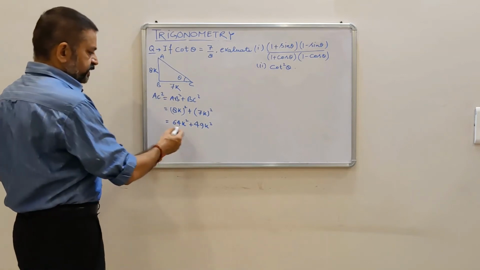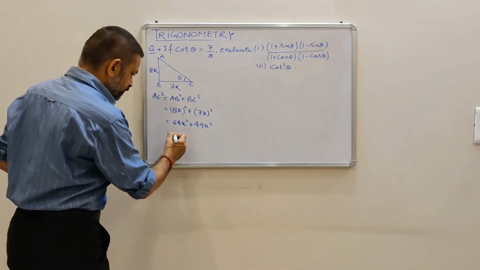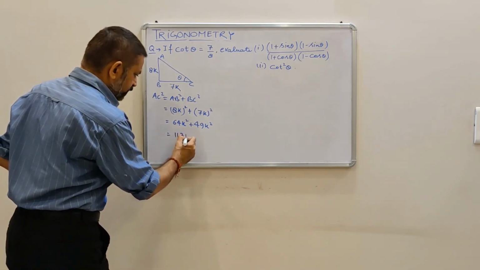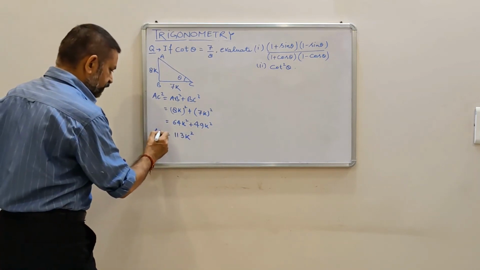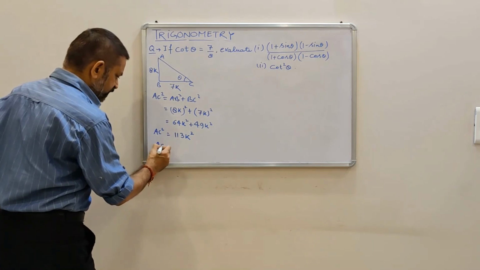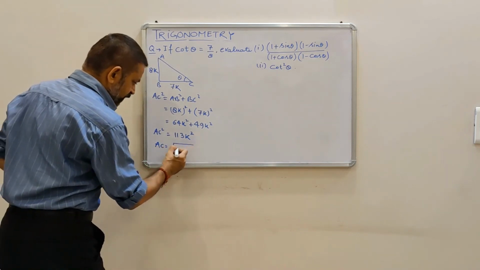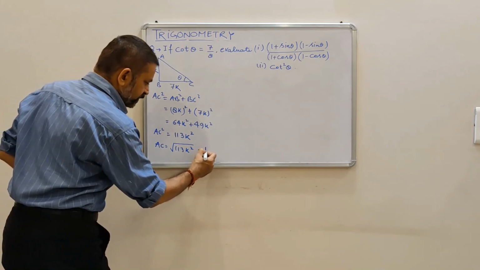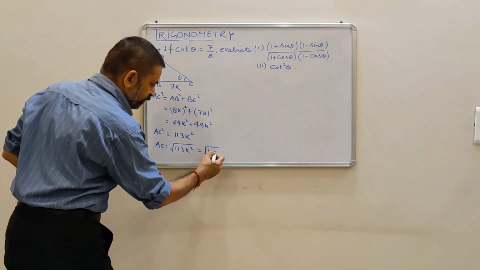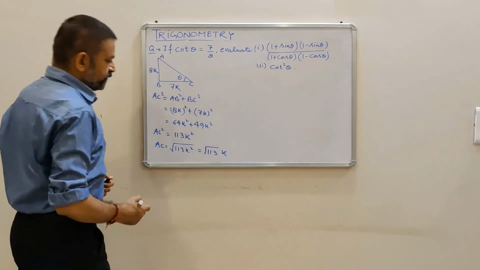Right? What is 64 plus 49? This is 113k square. So this is your AC square. So what is your AC? AC will be the square root of 113k square, or we can just write it as square root of 113k. So this is your AC.